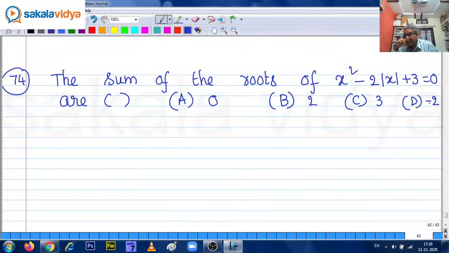The sum of the roots of this quadratic equation we need to find out. The sum of the real roots of x square minus 2 mod x plus 3 equals to 0.